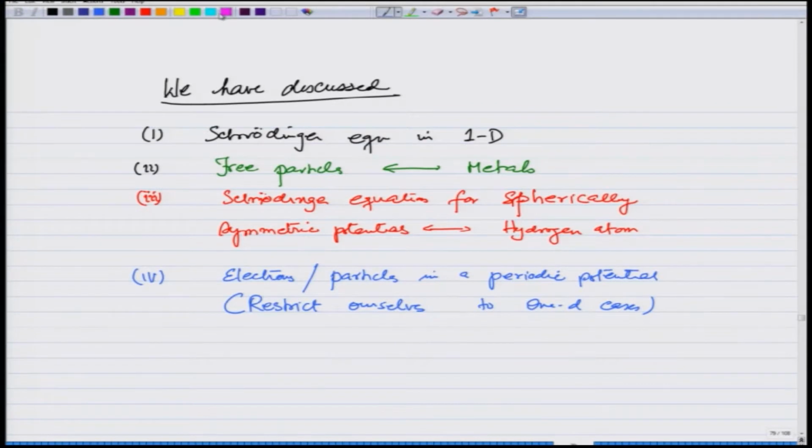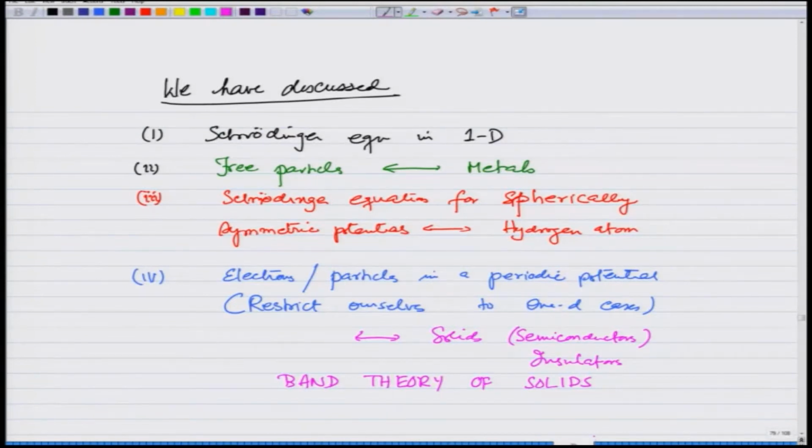This would be related to solids. In general, metals are also like this, and in particular semiconductors and insulators can be explained through this electrons being considered in a periodic potential, and what gives rise to is the band theory of solids.